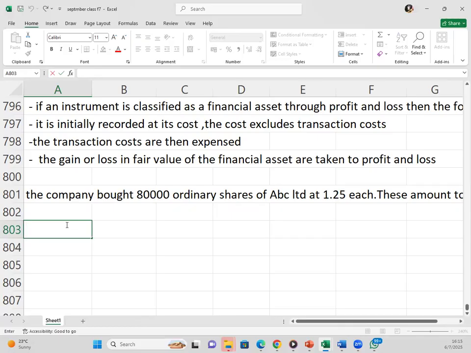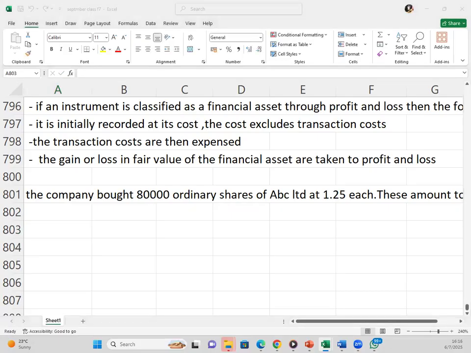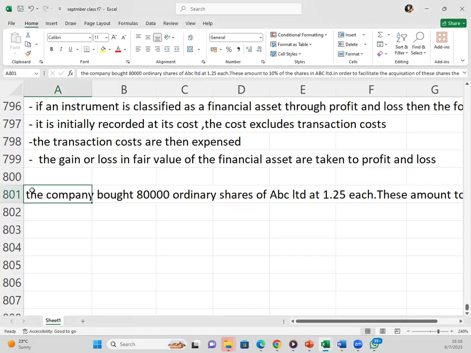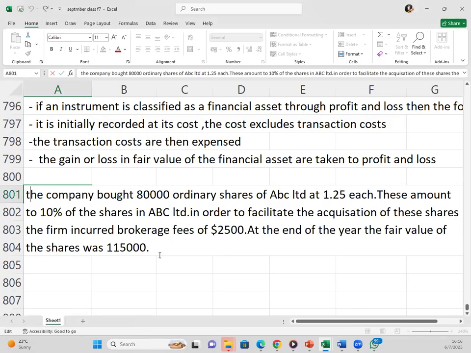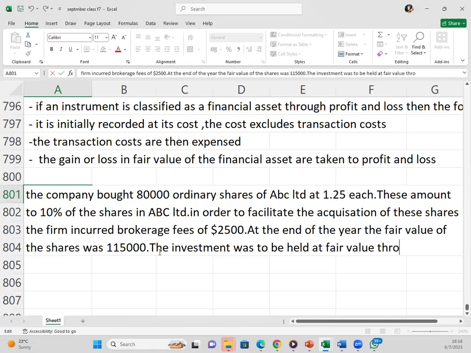So show the effect in the income statement. Let's also add that the investment was to be held at fair value through profit and loss.